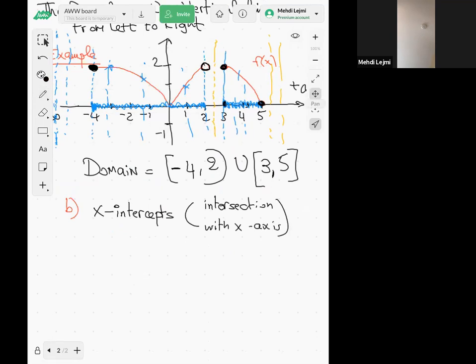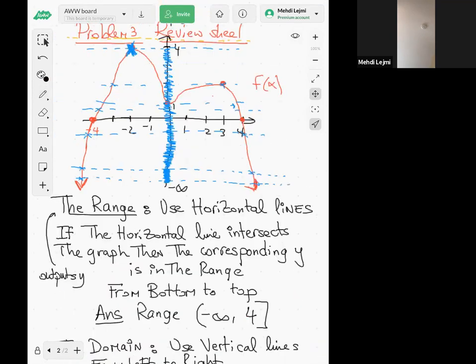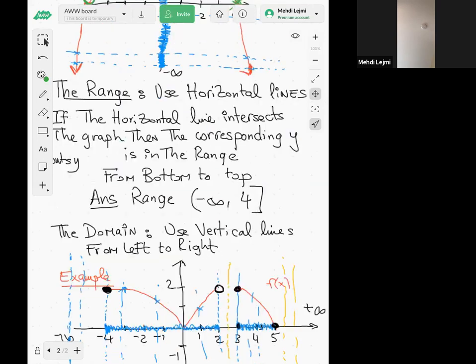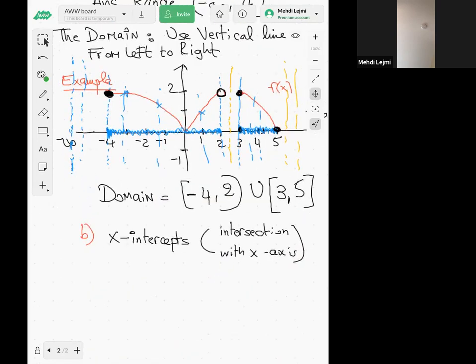Of course, here's my function f. We're gonna have intersection here and here, right? At -4 and +4. That's where my graph intersects the x-axis. So -4 and +4. So your answer, to get full credit, guys, should be in points notation. So -4, y is always 0, and +4, y again is 0.